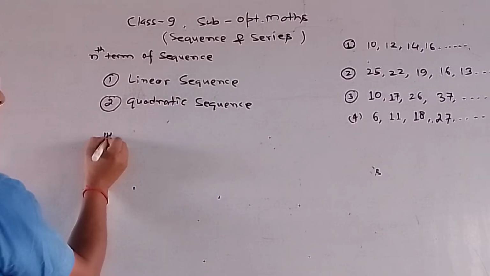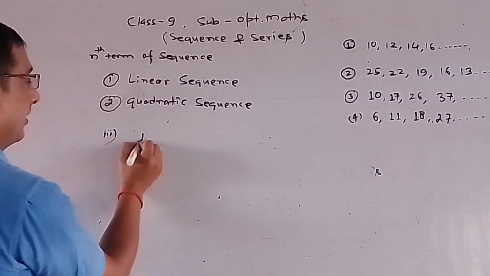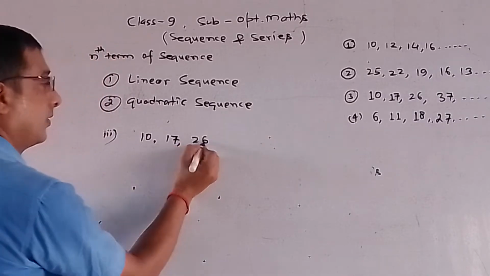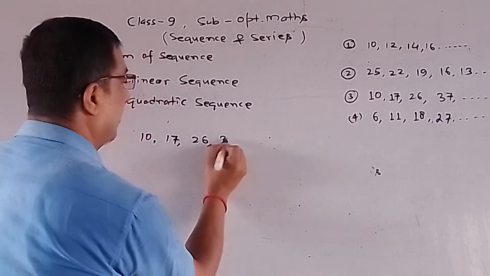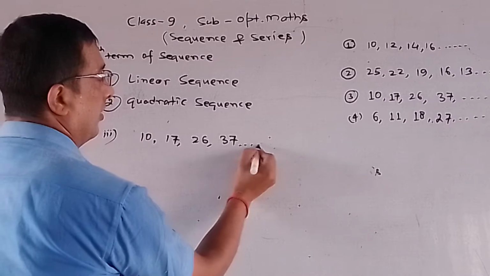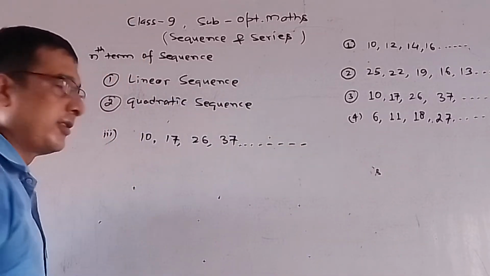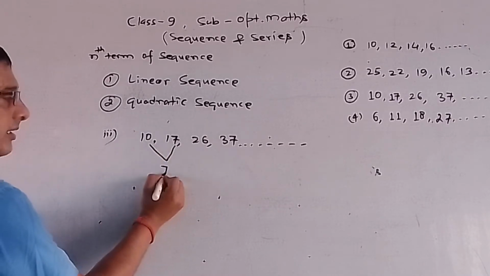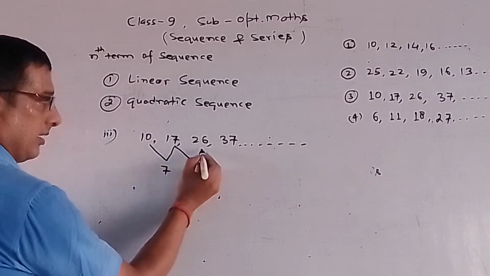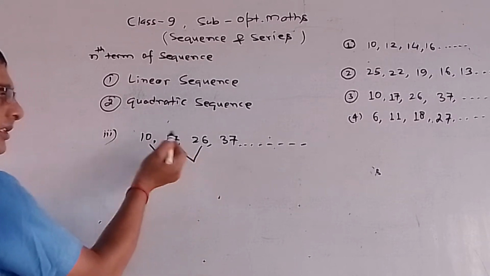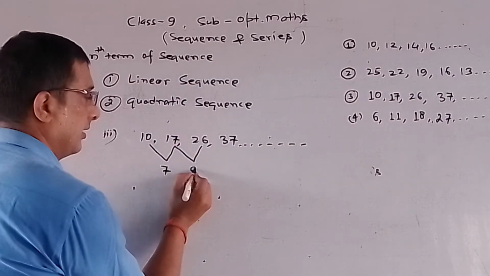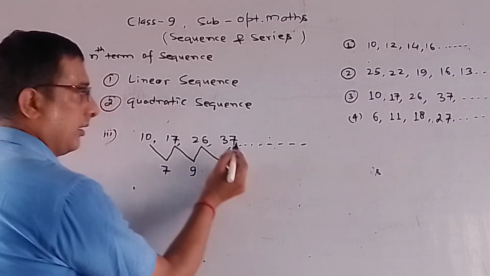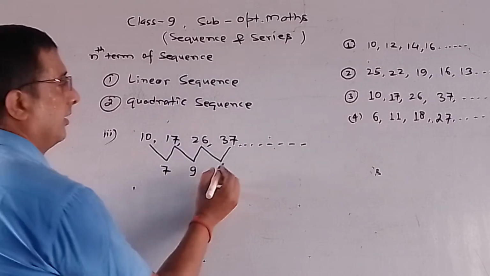Okay, now I am taking the third one: 10, 17, 26, 37, and so on. Same process. First common difference: 17 minus 10 is 7. 26 minus 17 is 9. 37 minus 26 is 11.